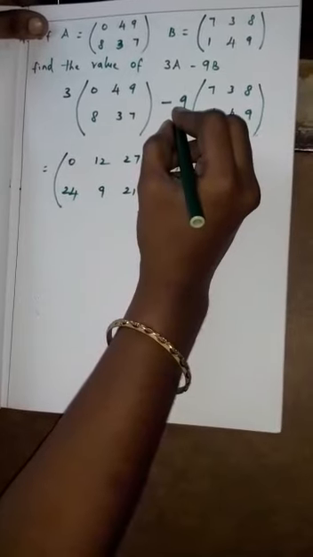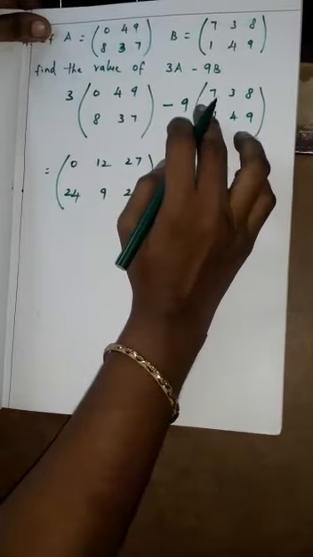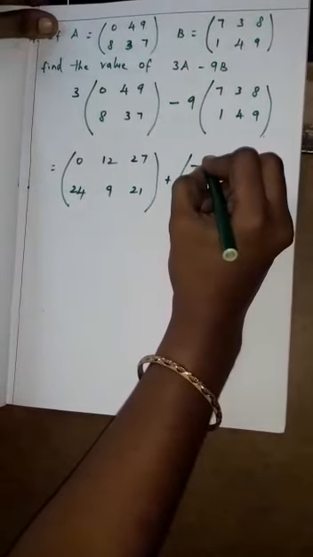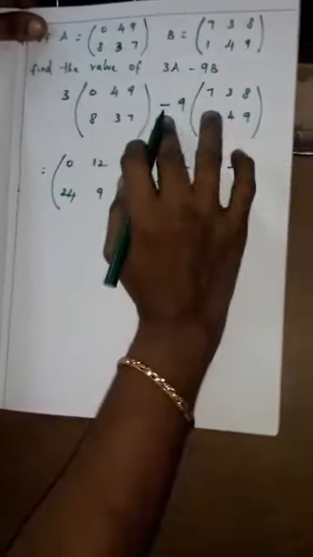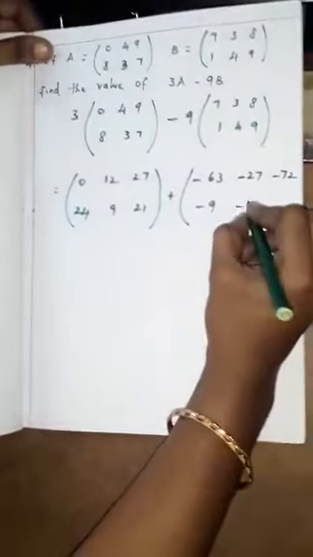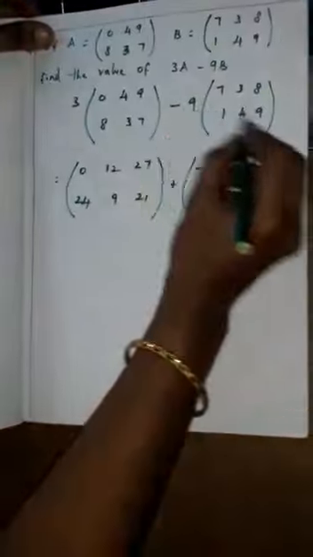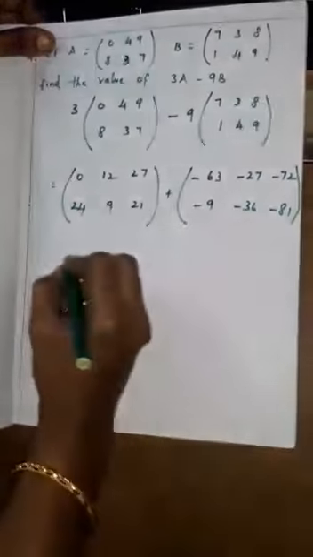Then minus 9 into 7, minus 9 sevens are 63, and the next one minus 9 into 3 is minus 27, minus 9 into 8 is minus 72. The next, second row: minus 9 into 1 is minus 9, minus 9 into 4 is minus 36, minus 9 into 9 is minus 81. The next step, directly add the corresponding elements.